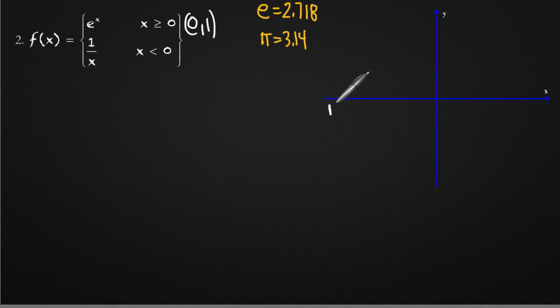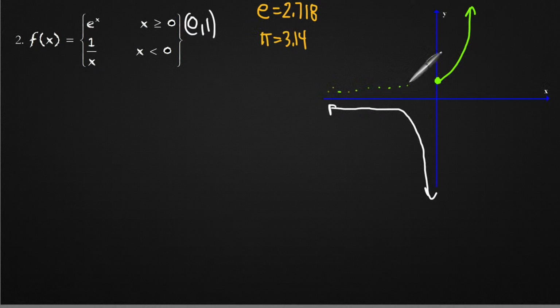So all you can do really here is draw your reciprocal function, and then on the other side you will draw your exponential function that has a closed circle there and up there like this. Now, just so you know, the exponential function really looks like this, coming around there like that and up there like that, but we're only using a piece of it, so we are not going to be using that particular part, just this part here.